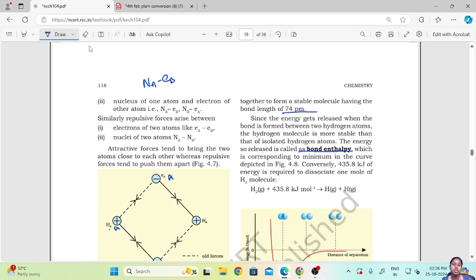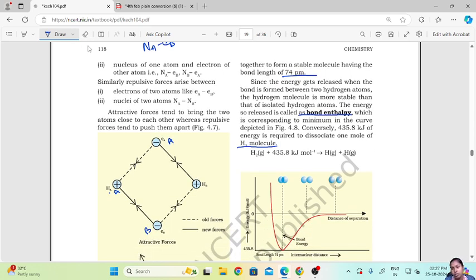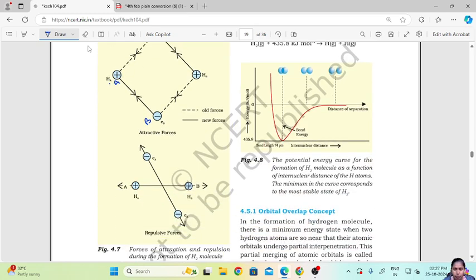The energy which is released during the formation of a bond is called bond enthalpy, which corresponds to the minimum in the curve. Conversely, 435.8 kilojoules of energy is required to dissociate 1 mole of hydrogen molecules. So this is the energy which is required to separate the hydrogen atoms.